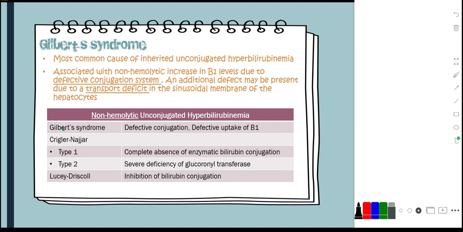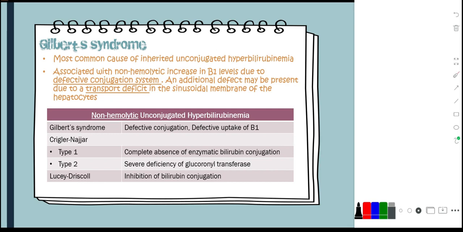Okay, so that is for your Gilbert syndrome. Next, your Crigler-Najjar, which is another cause of non-hemolytic unconjugated hyperbilirubinemia. There are two types of this disease. Type 1 is associated with the complete absence of enzymatic bilirubin conjugation. There is a mutation in the genes that code for the formation of glucuronidase transferase.